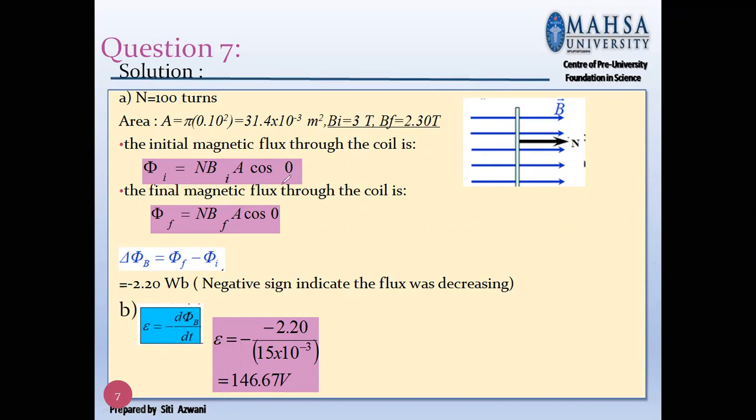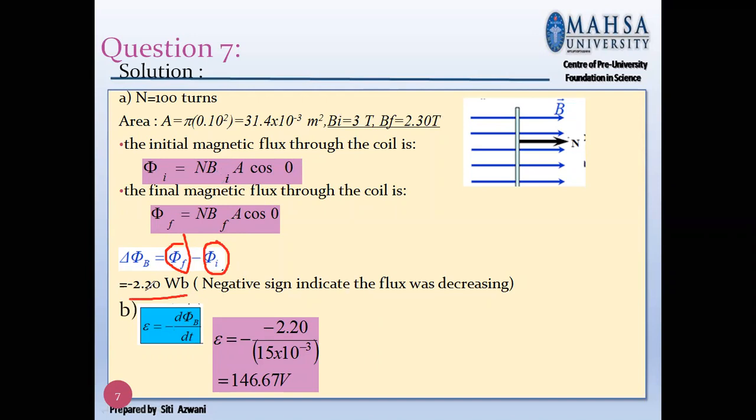Final: the final magnetic flux through the coil, so B is equal to the B final, substitute the B final 2.30, B initial here 3. And then how to calculate the change in the magnetic flux: final minus the initial magnetic flux through the coil, then you got this value 2.20 Weber.